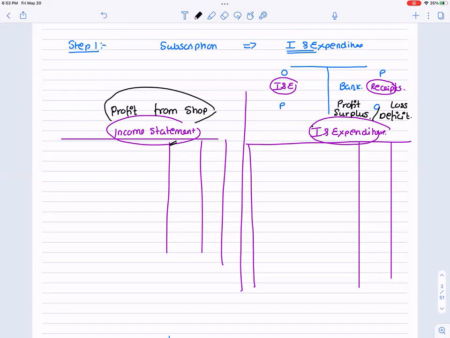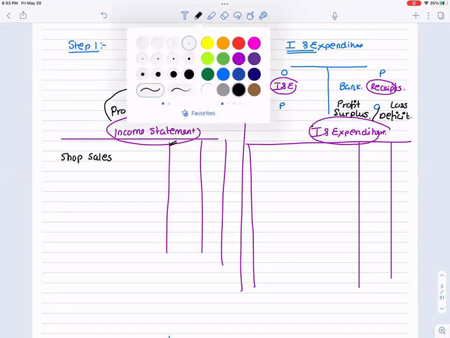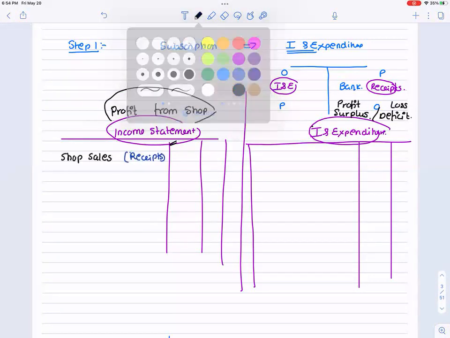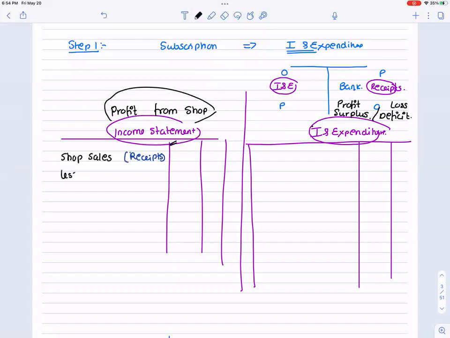Yes, ma'am. Income statement will start with shop sales. Shop sales would be given in receipts. From this, you will subtract the cost of sales.